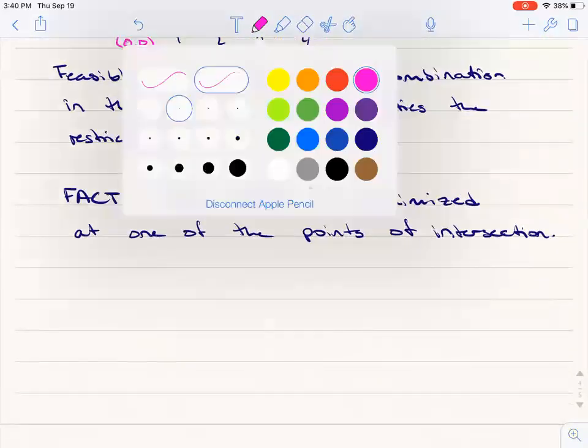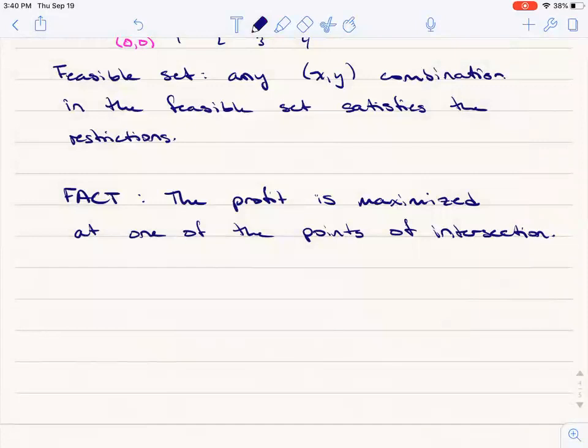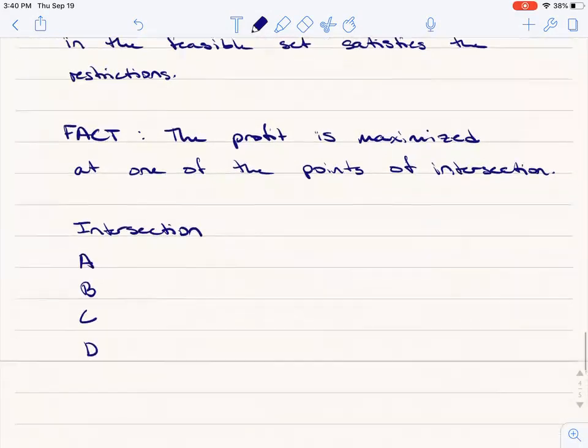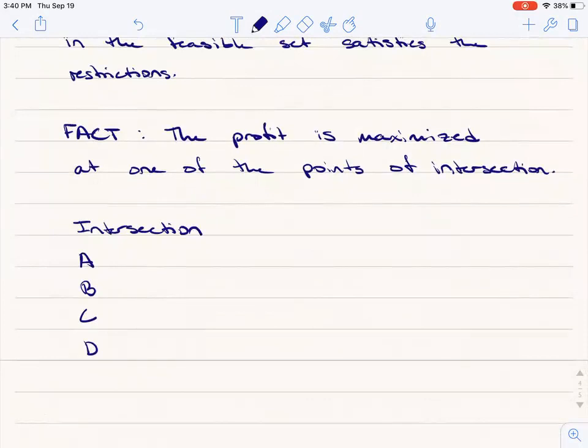I'll say A, B, C, D, just so I can look back at them. A was at 0, 0, B was at 0, 4, C was at 4, 4, and D was at 4, 0.